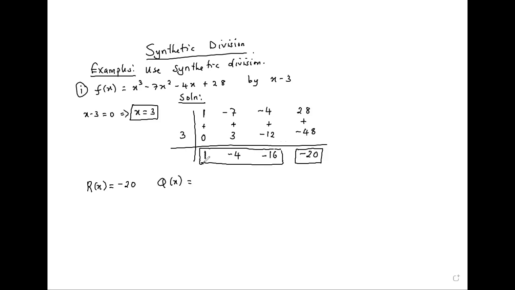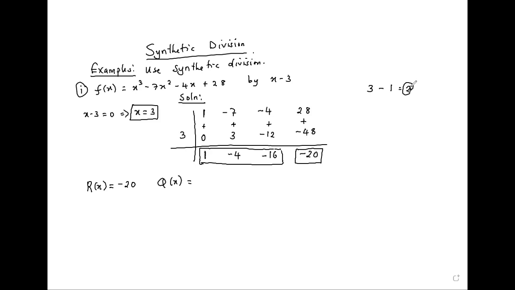The variable is x. Our dividend had x power 3. Our divisor had x power 1. So you subtract the power 3 minus the power 1. We get power 2. So this will be the highest power in our quotient.